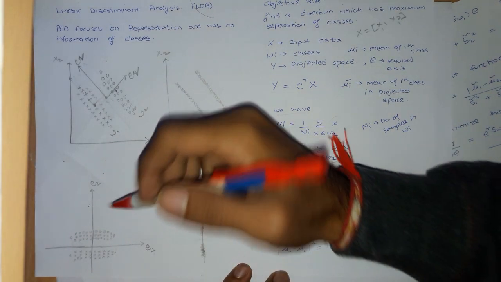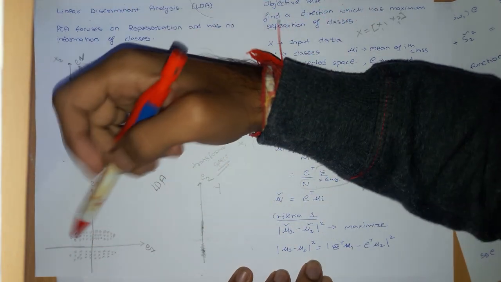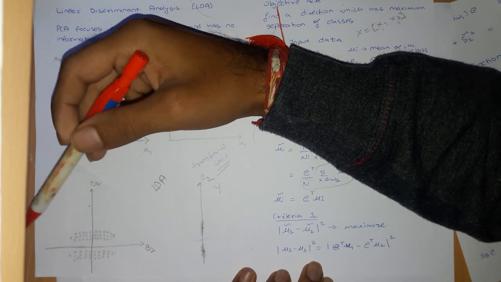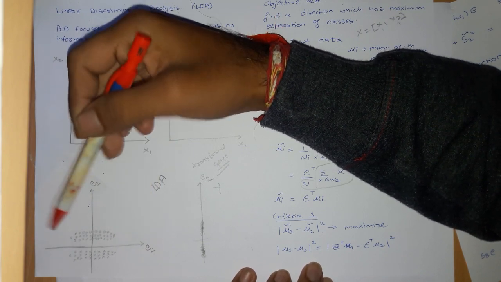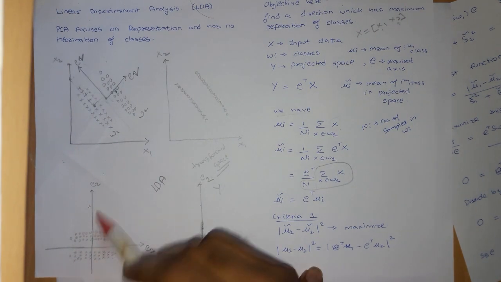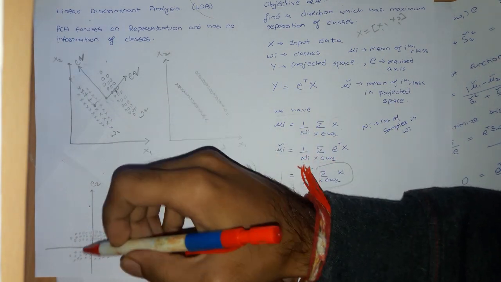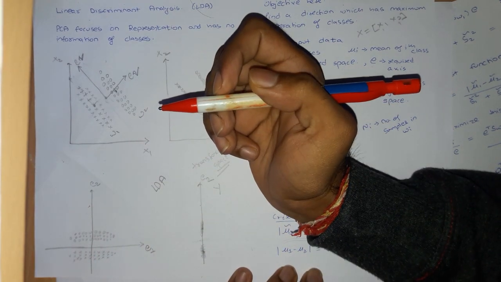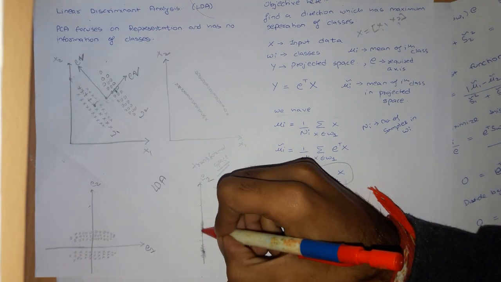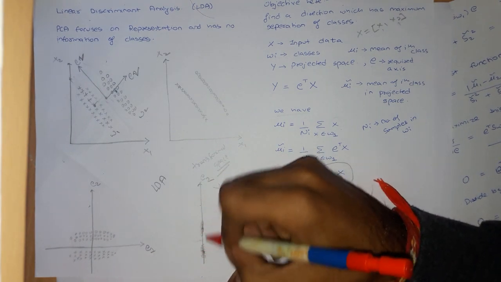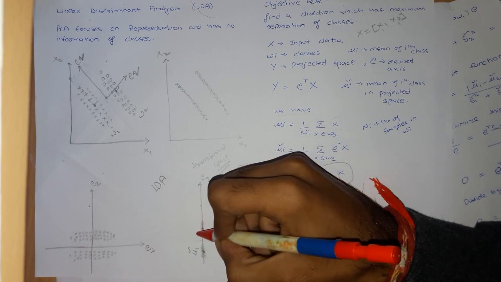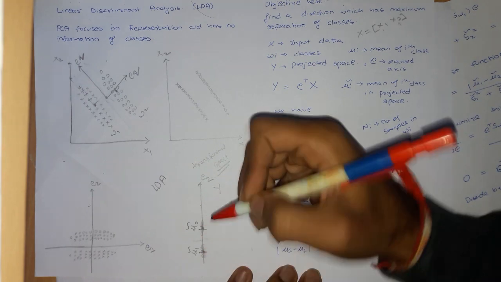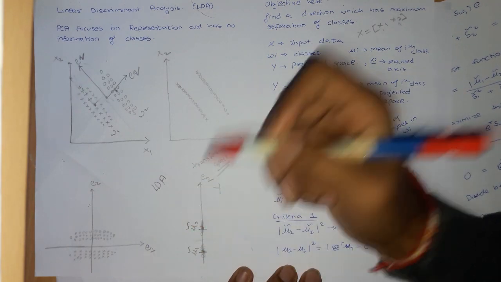Now in PCA what we used to do is only choose the axis that has the maximum variance, but we saw that this will not work in LDA. In LDA we want an axis which has the maximum separation of both the classes. By that we can infer that the means of both the classes, this is mu1 tilde and this is mu2 tilde.